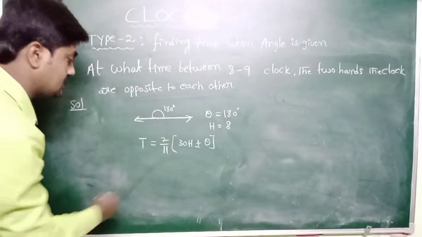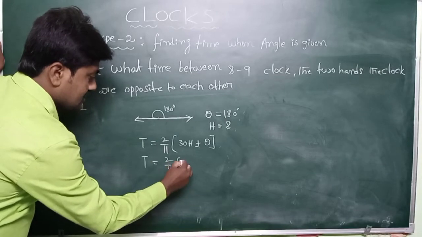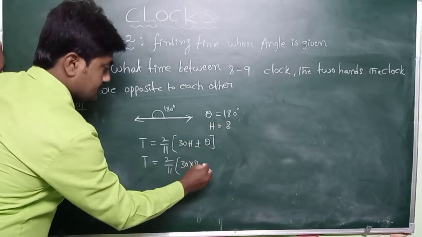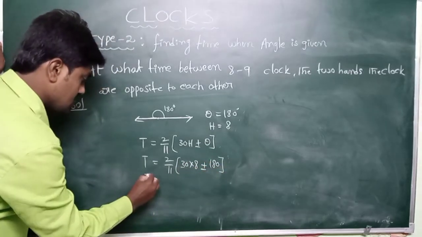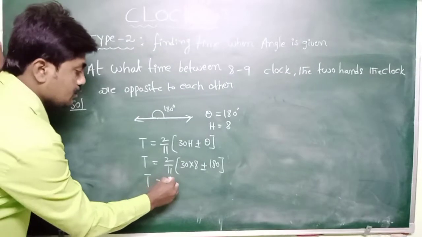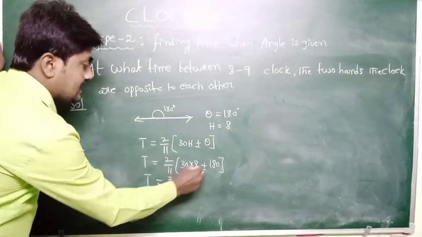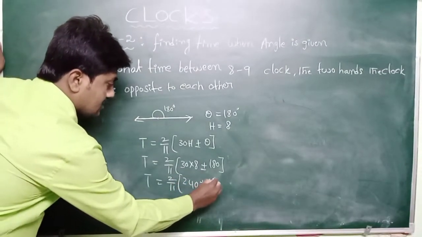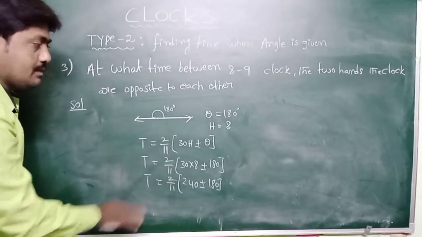So time is 2 by 11 into (30 into 8, which is 240, plus or minus 180). We can take positive or negative, no problem.